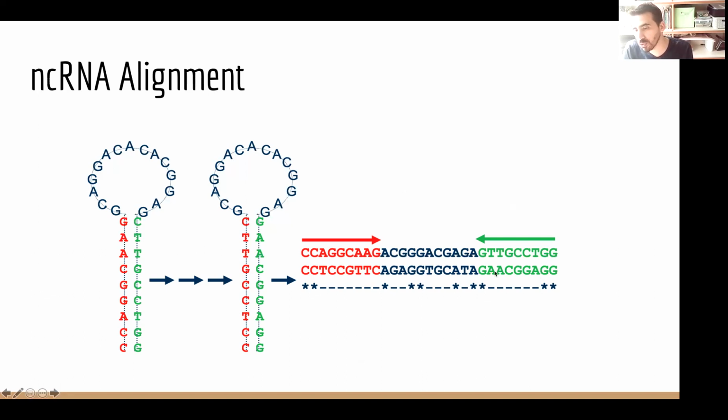Although they don't look to be homologous to each other, actually they are complementary. But what is more important is this green part is perfectly complementary to the red part, and same thing is for the above sequence. So this is how you can guide and align the middle sequence, which is the more important part, I believe. Okay, so if you didn't have this information, then it would be very hard to align this middle sequence with this one.